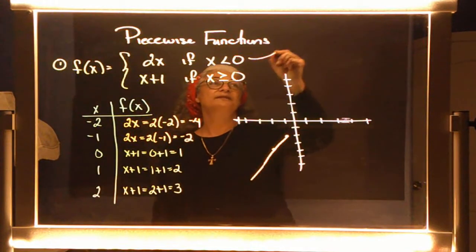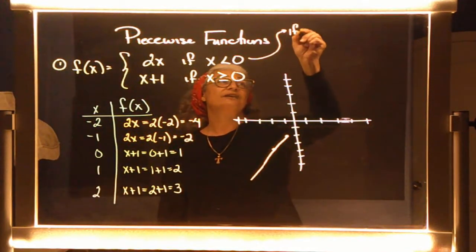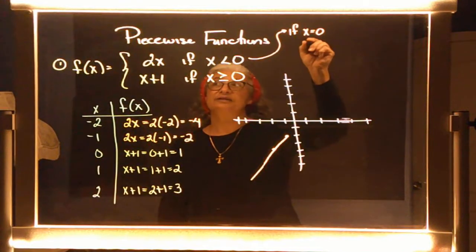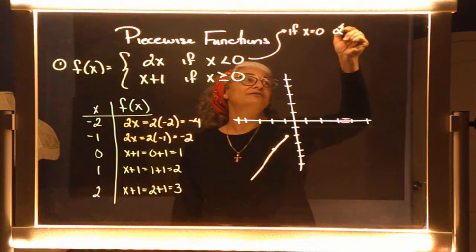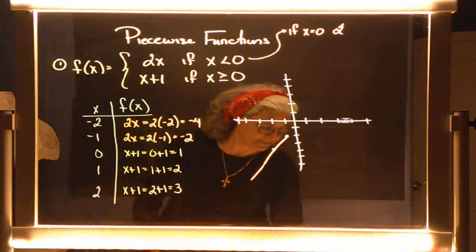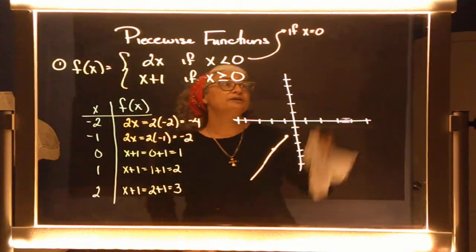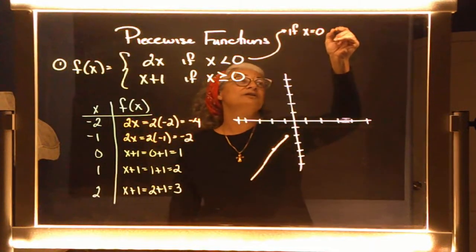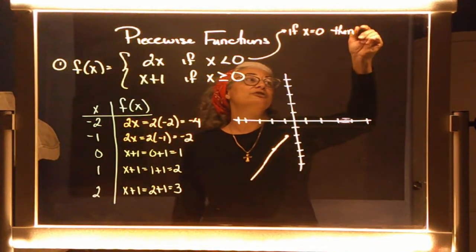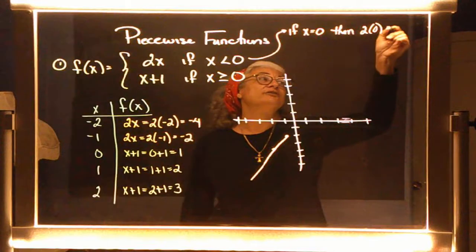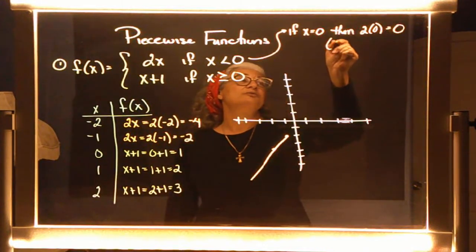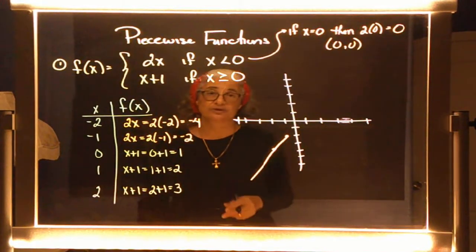Because x was not equal to 0. But on this first piece, if x was allowed to be equal to 0, then I would do 2 times 0, which would give me 0, which means I'd have the point (0, 0), wouldn't I?